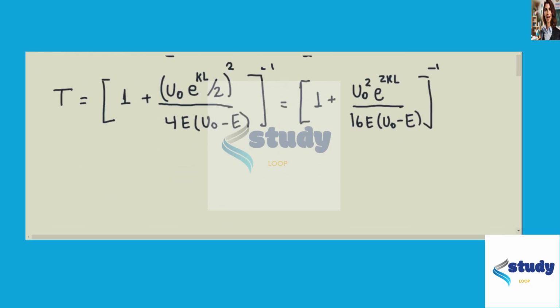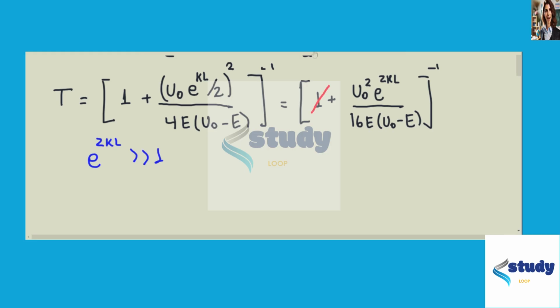Now notice that if KL is much greater than 1, then we have that the exponential of 2KL is much greater than 1. So we can disregard the first term, that is this 1 here.